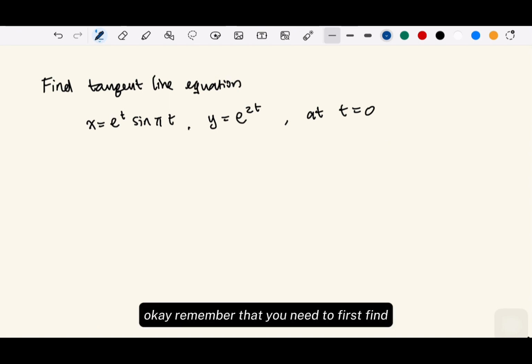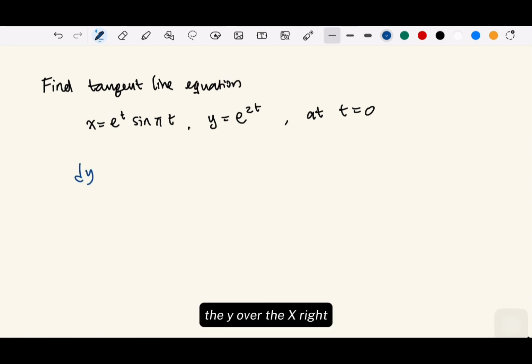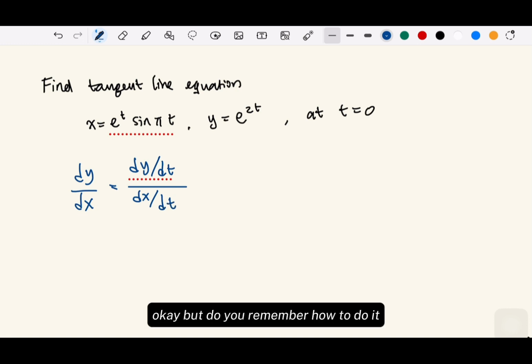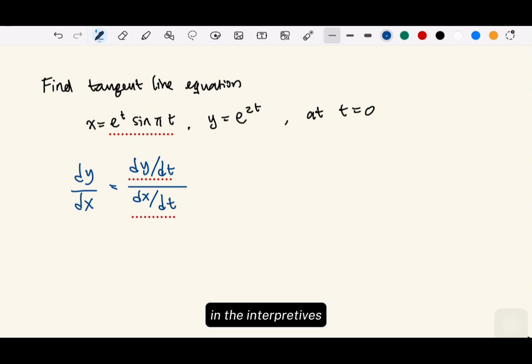Okay, remember that you need to first find dy over dx, right? Let me just write that for you. And dy over dx is this. Okay, but do you remember how to do the derivatives? So we have e to the power of t and sine pi t for x.